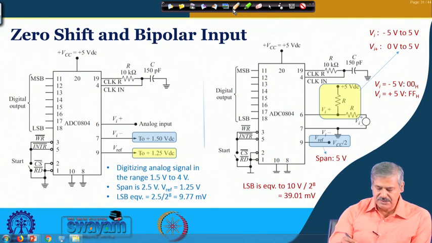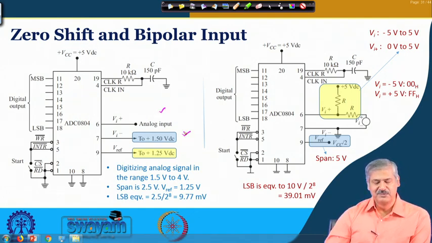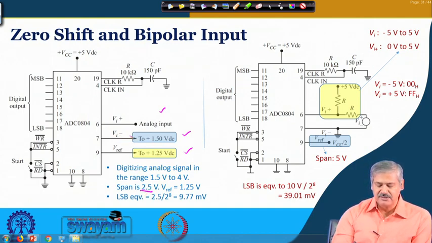So, here this is your analog input, right. Now, this is connected to 1.5 volt. V reference is 1.25 volt, which means the span is twice of that, so 2.5 volt is this span. So, the V I minus voltage you have connected is 1.5 volt, and this span is 2.5 volt.